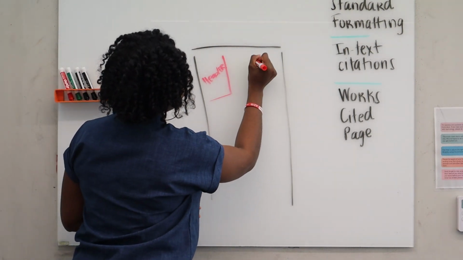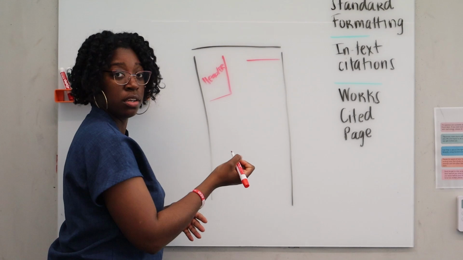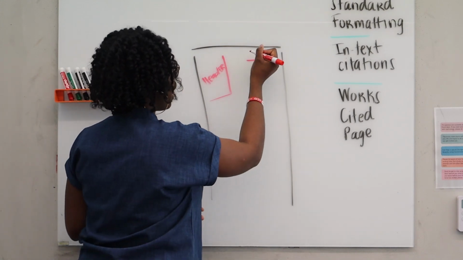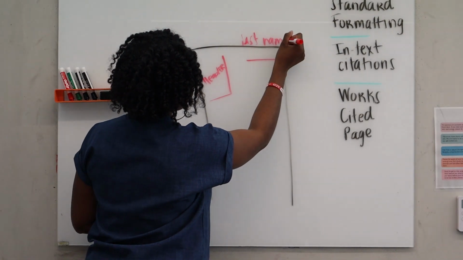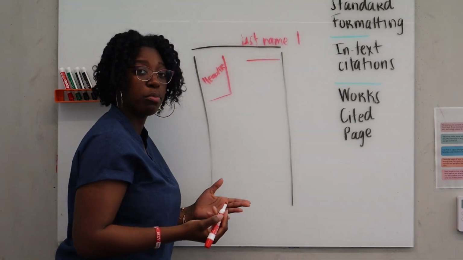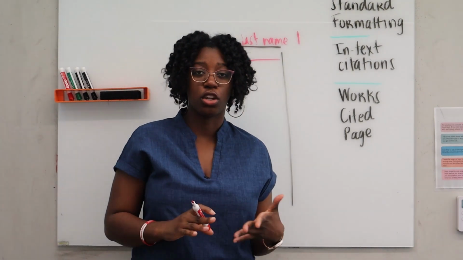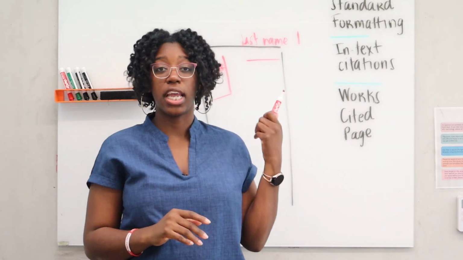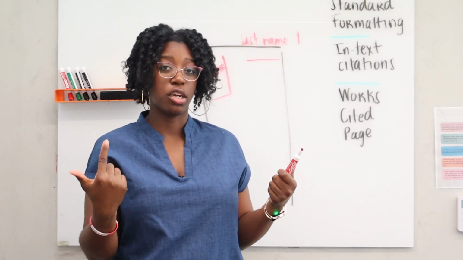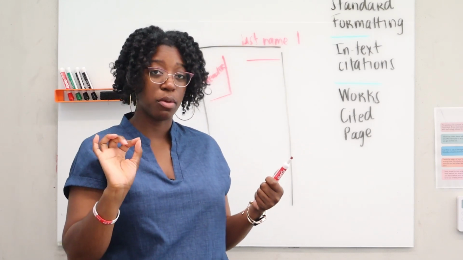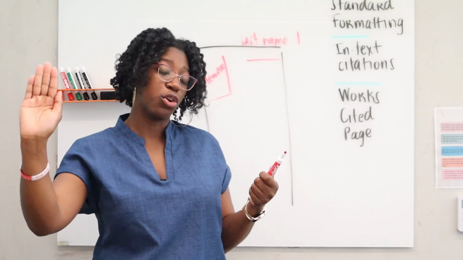After that, you're going to put page numbers. With your page numbers, you're going to have your last name and then the page number. To insert page numbers onto your document, you're going to click Insert at the top of your Word document and then Page Numbers. And then you're going to select the page number that is in the top right corner.